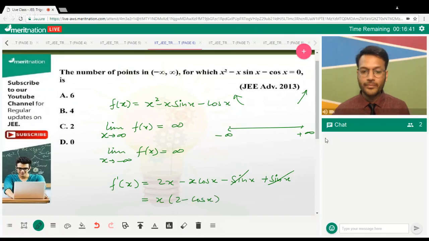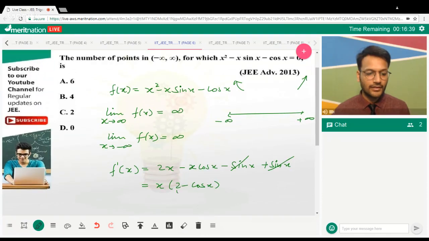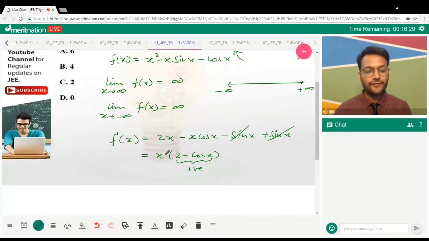Now, 2 minus cos x is always positive. Cos x is always between minus 1 and 1, so it will always be positive. 2 is a higher value. Therefore, everything depends on x, so the sign of f dash x changes depending on x. You put f dash x equal to 0 in order to figure out the critical point.